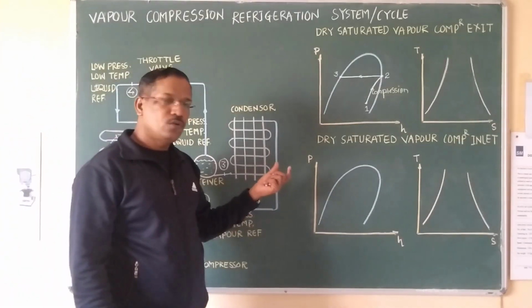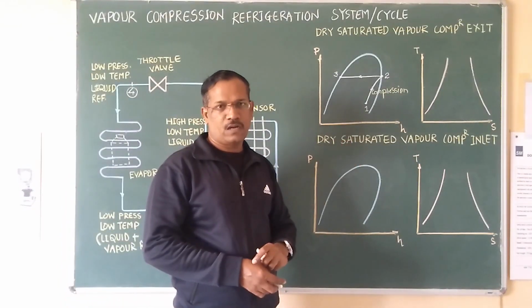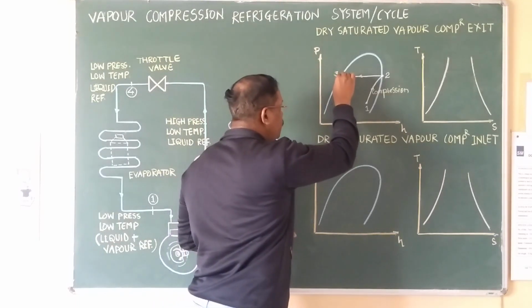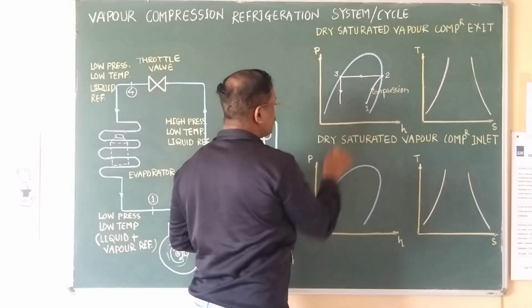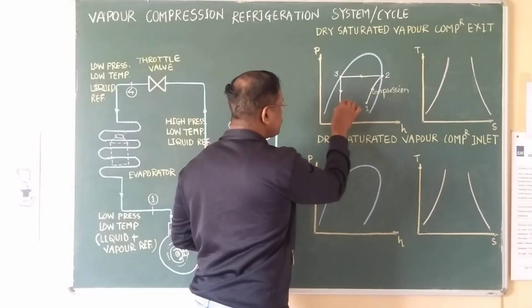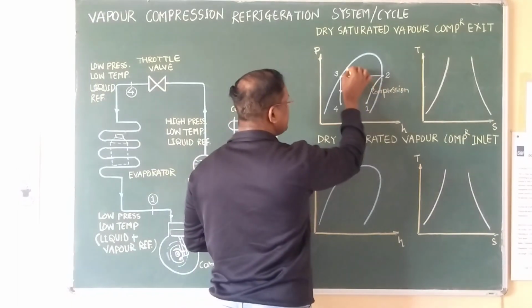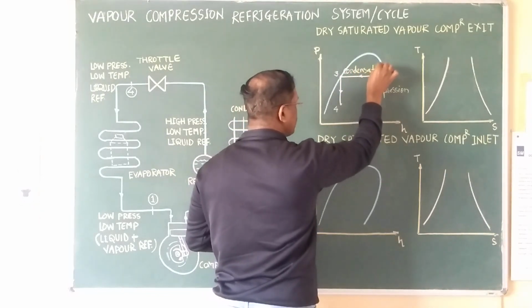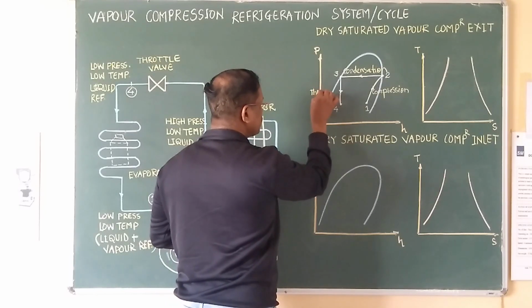And we know very well that in a throttling operation enthalpy remains unchanged, constant. So from 3 to 4 enthalpy is constant. So this is point 4. So this is the compression process, this is condensation, and this is the throttling process.